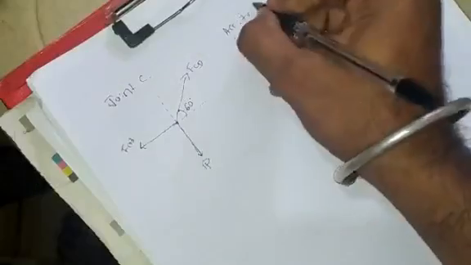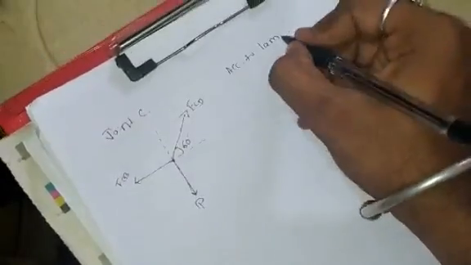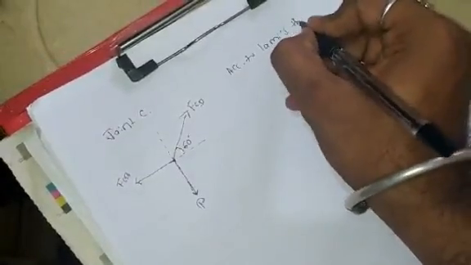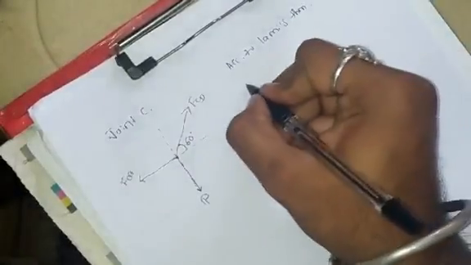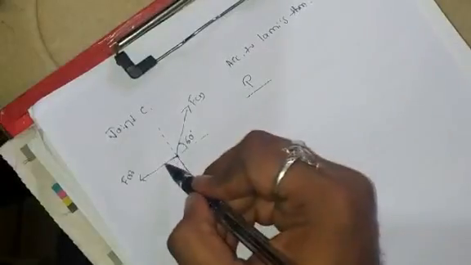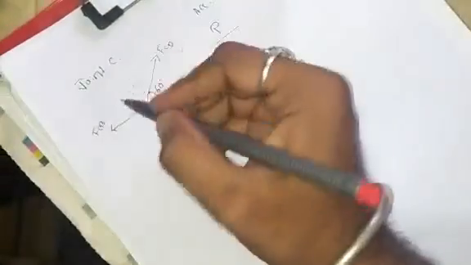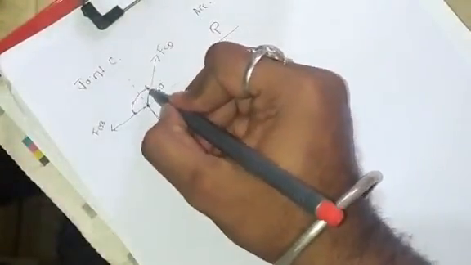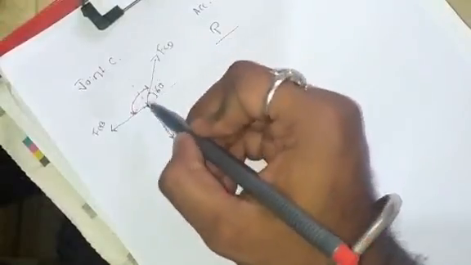According to Lami's theorem, first consider force P, P divided by the sine of the angle between the other 2 forces. I want this angle, which is 180 minus 60, that is 120.